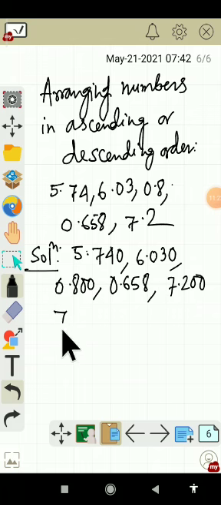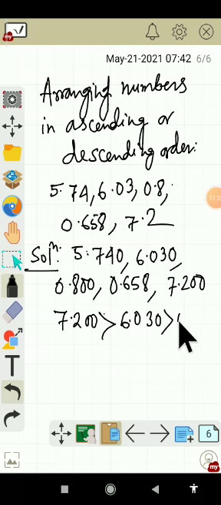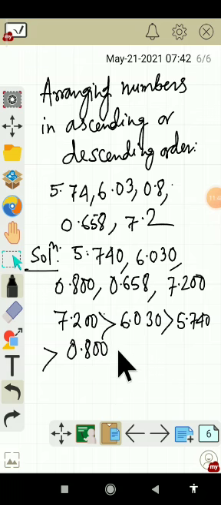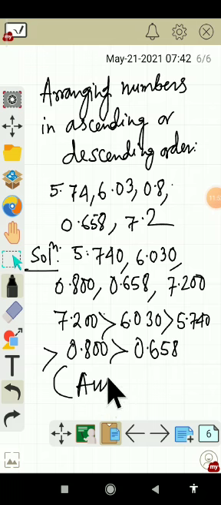So 7.200 is bigger than 6.030, and this one is bigger than 5.740. Then here both the numbers have 0 as whole part, but the next digit is 8, which is bigger than 6, so we write 0.800, then 0.658. So this is the descending order, and in the other way we will write it in ascending order.